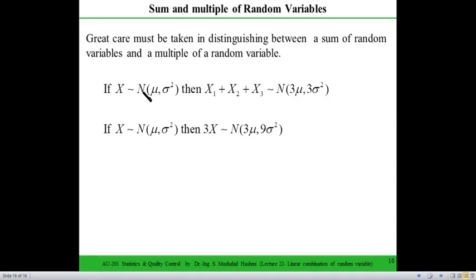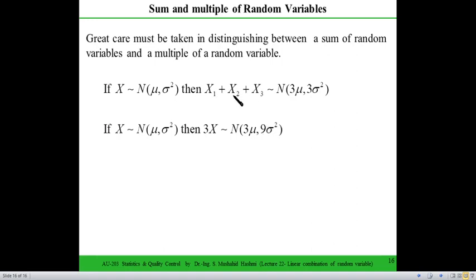If X is normally distributed, then X1 plus X2 plus X3 would also be normally distributed with mean 3 mu and variance 3 sigma squared. But if X is normally distributed and your linear combination is 3 times X, then your new variable would also be normally distributed, with mean 3 mu but a different variance.